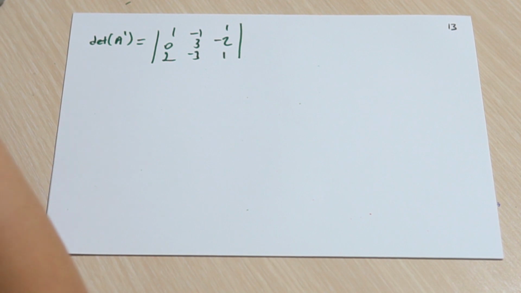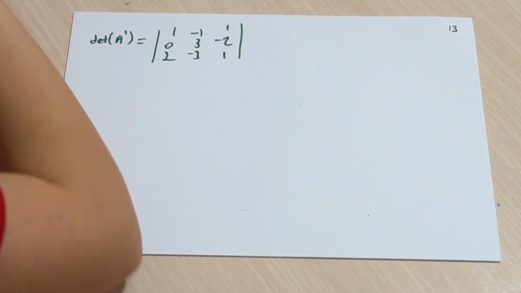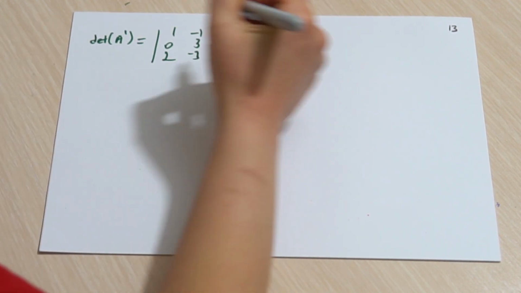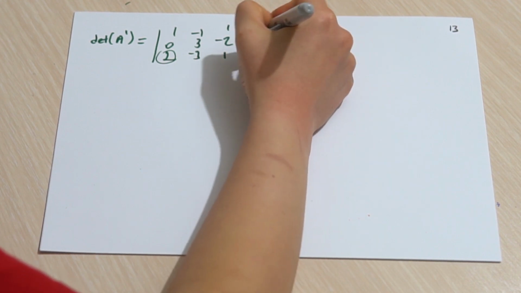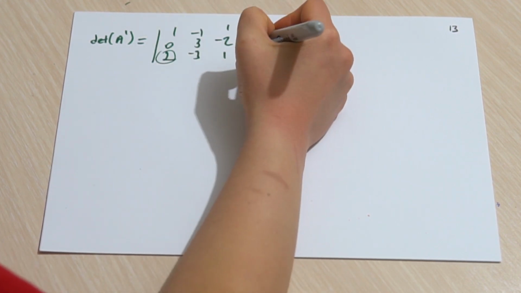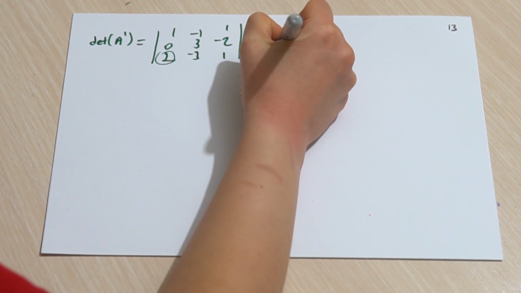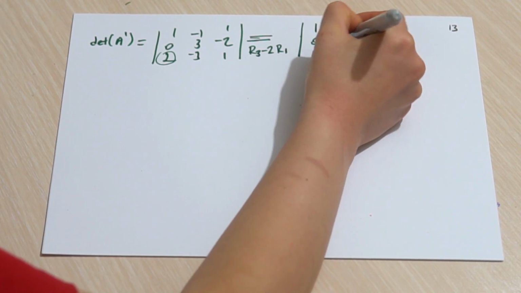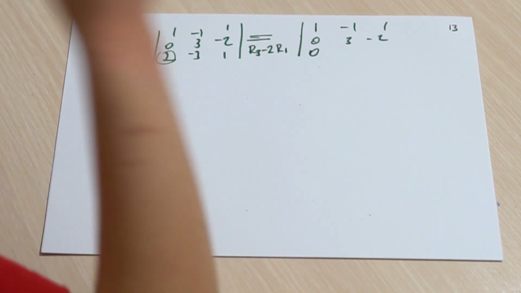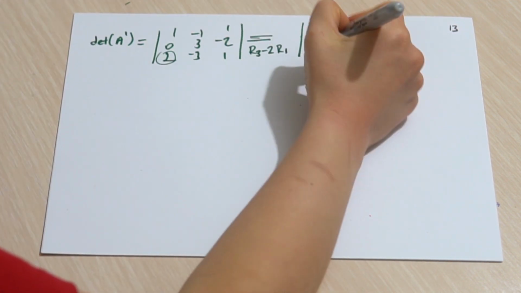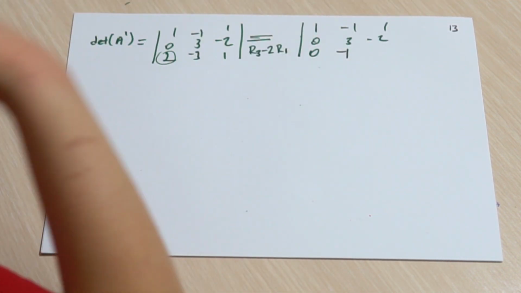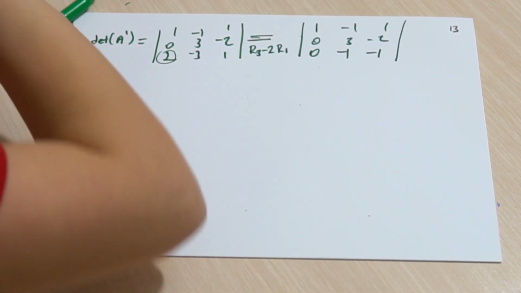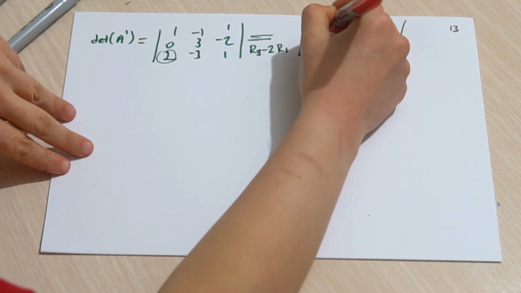let's look at this one. I could add minus 2 row 1 to row 3. So then we will have 1, minus 1, 1, 0, 3, minus 2, 0, minus 1 times minus 2 is 2, minus 1, minus 2, minus 1. So now I can expand by column 1.